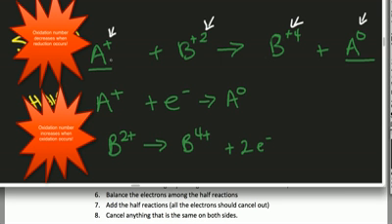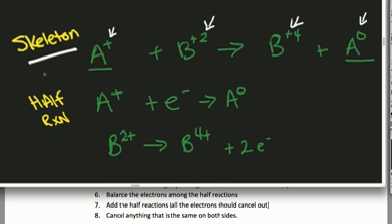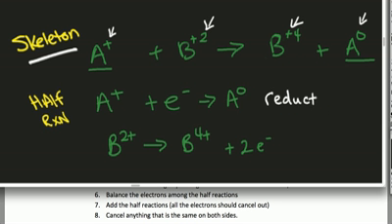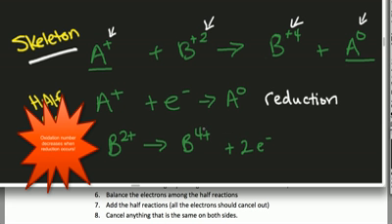So we only care about the cations in the skeleton equation, and in this case A went from +1 to 0. The only way it did that was if it gained one electron. Gaining an electron is a process of reduction, and losing an electron, as B did, actually lost 2 electrons, is oxidation.